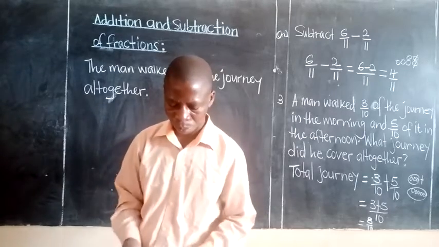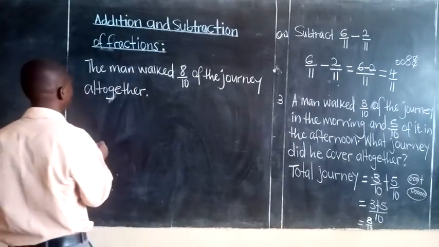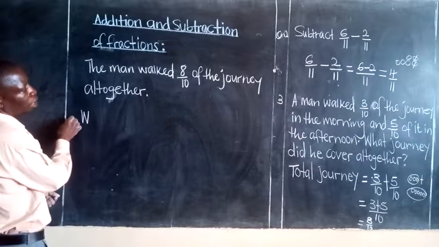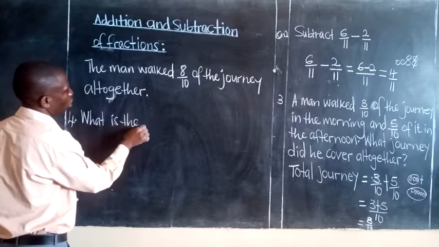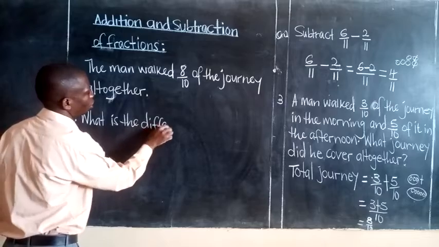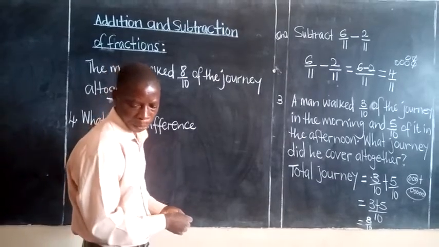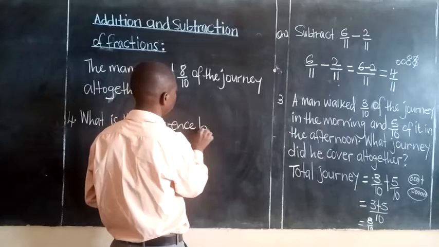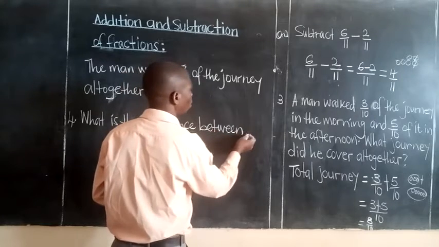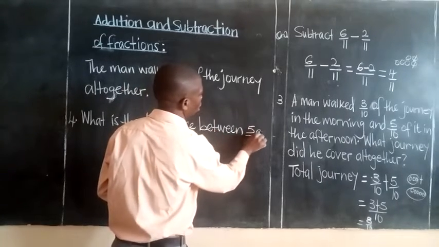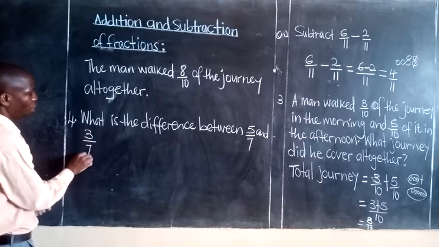Let's have this one. This is number 4. What is the difference between 5/7 and 3/7?